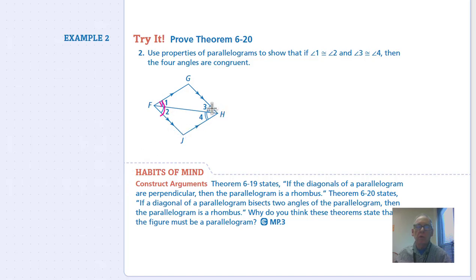So angle 3 is congruent to angle 2, that's the double marked one, and angle 4 and angle 1 are congruent to each other. So by alternate interior angles, angles 1, 2, 3, and 4 are all congruent.